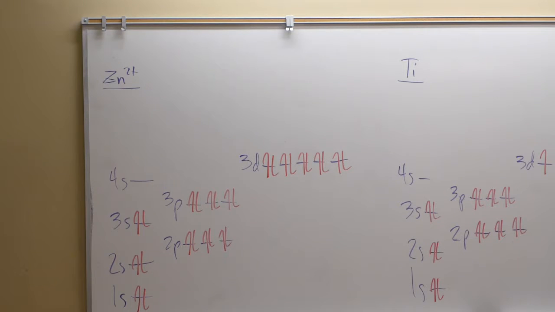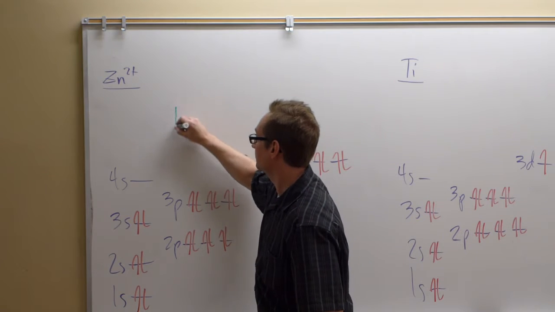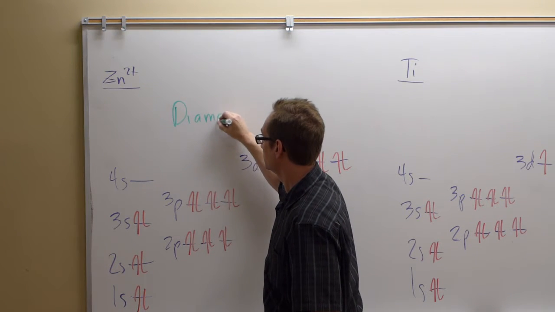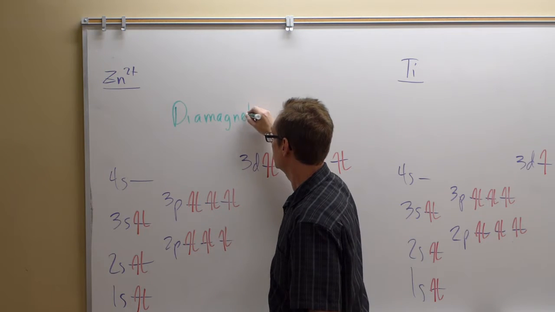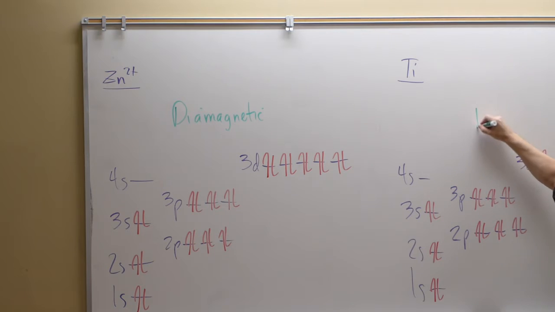So which one is paramagnetic, which one's diamagnetic? Zinc 2+ would be diamagnetic. Titanium would be paramagnetic.